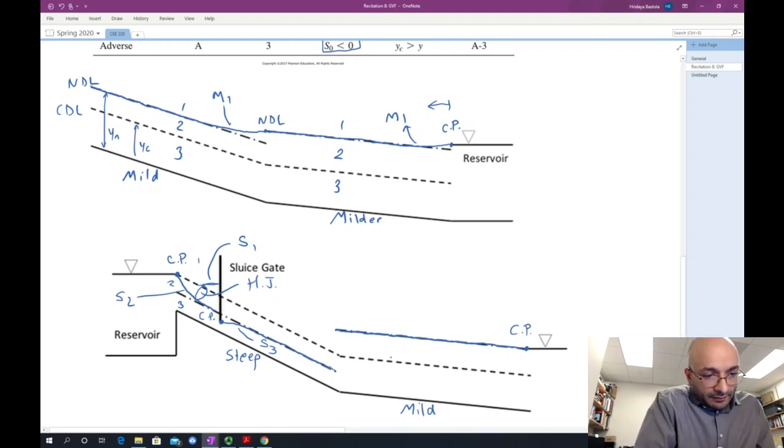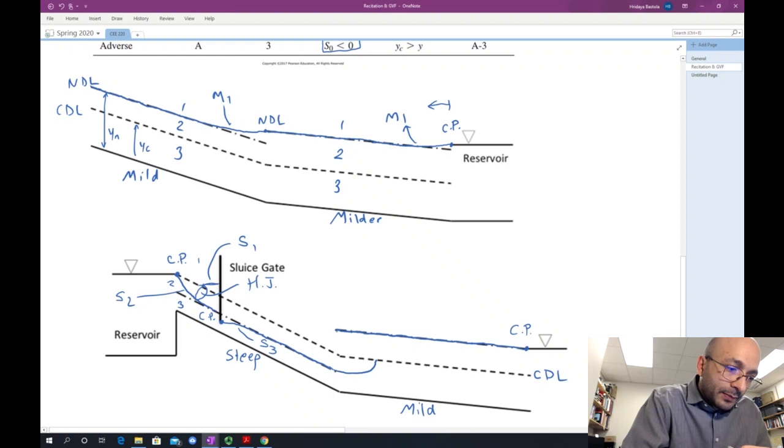So let's identify both of those. You can either get this case again while the curve approaches the critical depth line. Let me just label those critical depth line, and that's your normal depth line here.